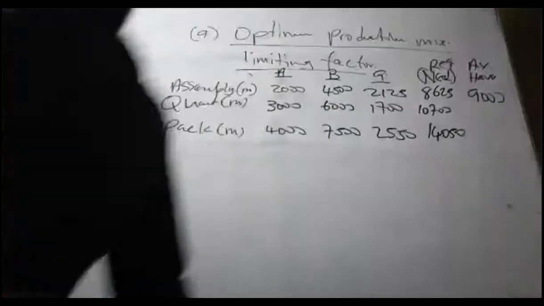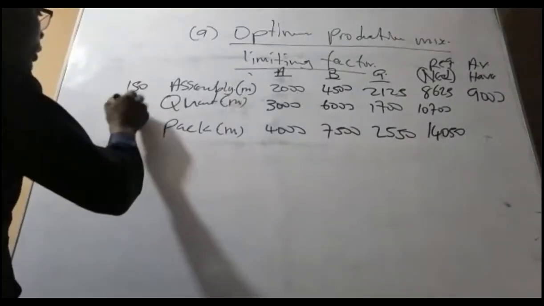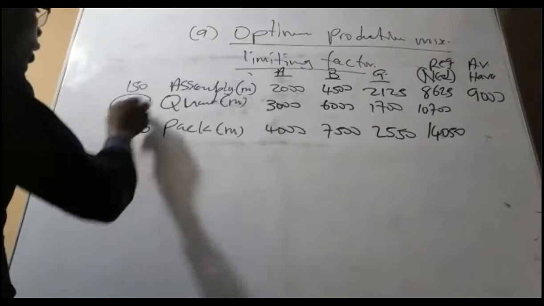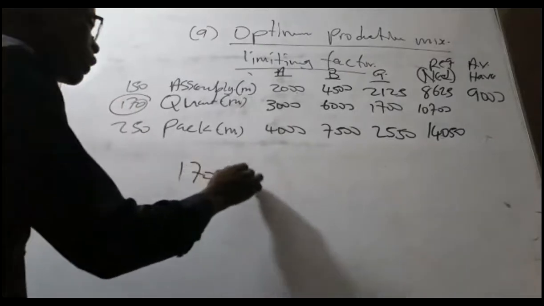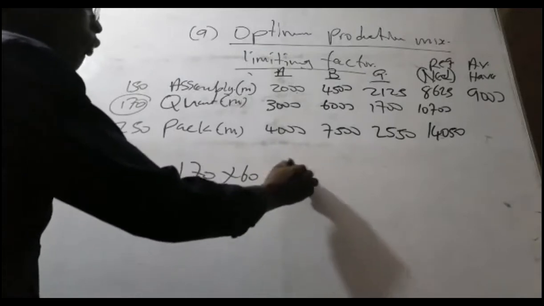Then 170 and 250. So 170 times 60 should give us 10,200.